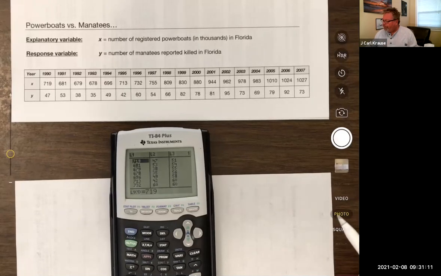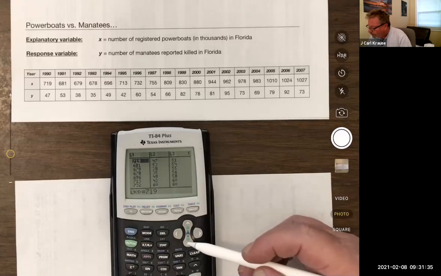If you're entering data into your calculator, it's not a bad idea to go back and just double check the numbers and make sure that they've all been entered correctly. I mean, it sucks to go through an entire analysis and then realize that you typed in a number incorrectly. So it's just a good idea to double check your data and make sure that you got everything in there.